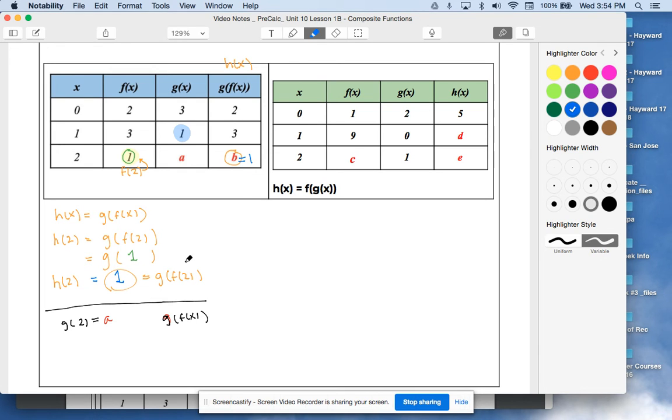So here, I know that this input value is going to be the same thing as whatever the output value is for f of x, okay? So we have to think backwards.